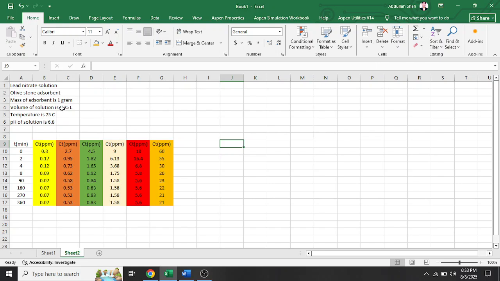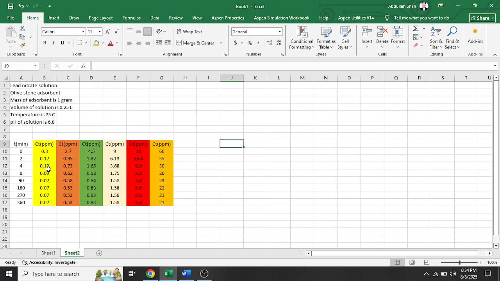After that, we put 1 gram of adsorbent in the solution and again measure the concentration of lead ion in the solution. So we will get 0.17 ppm of lead concentration in the solution. As you see, the concentration of lead in the solution decreases with the passage of time.